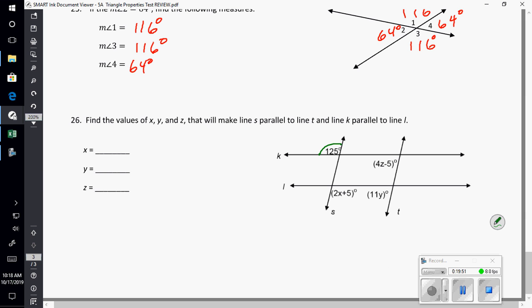So if we're going to try to find the value of x, this angle where 2x plus 5 is, there's an alternate exterior angle to 125. So these angles are all going to be congruent.